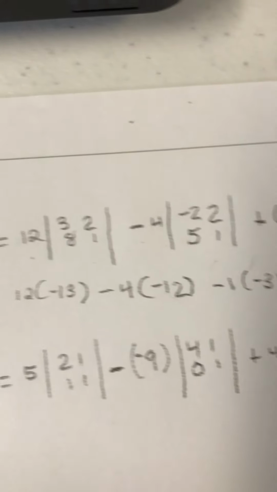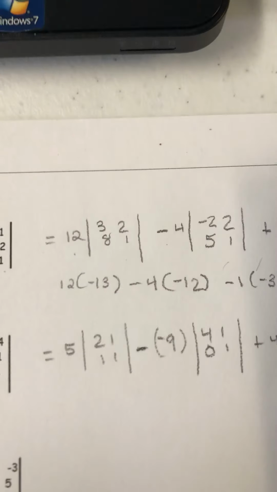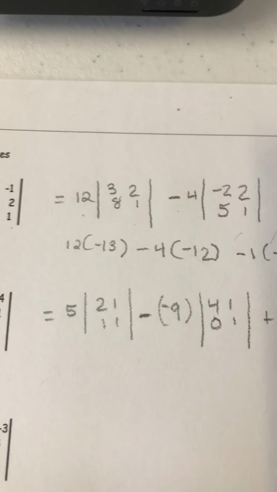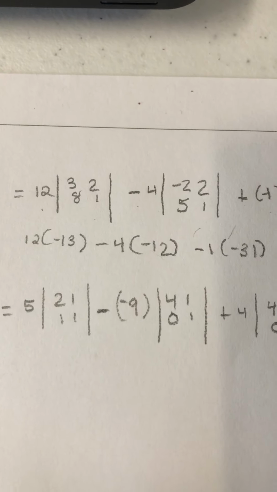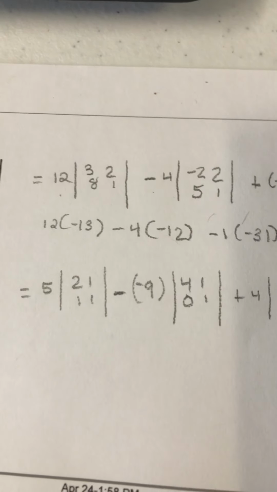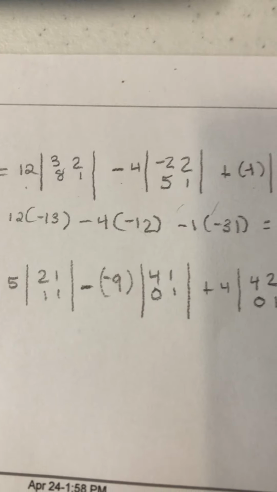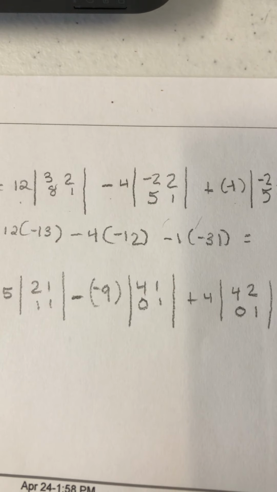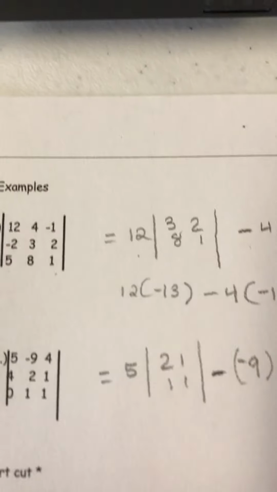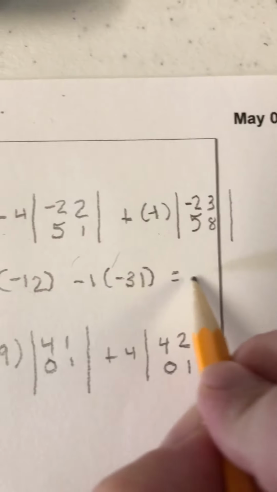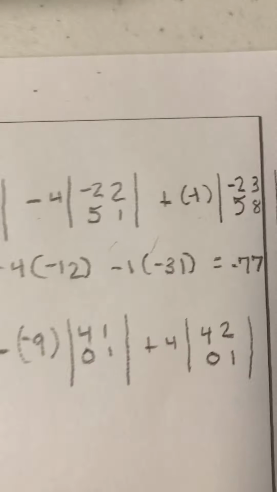And the rest of the work is just simple calculation. So I gotta take 12 times -13, add to that, or actually subtract 4 times -12, and then minus 1 times -31, I end up getting -77. And that's your determinant.